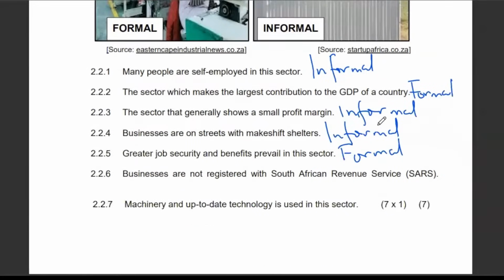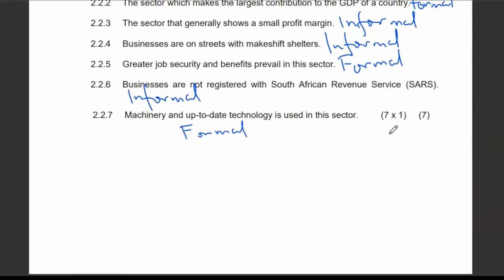Businesses not registered with South African Revenue Services, like what we mentioned, it's informal. Then the last one, machinery and up-to-date technology is used in this sector. We can only get that in the formal sector. Right, that is number 2.2.